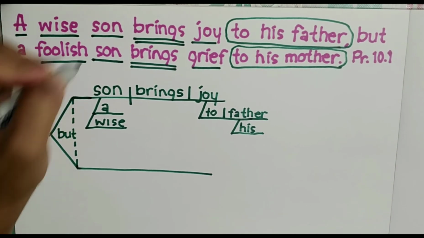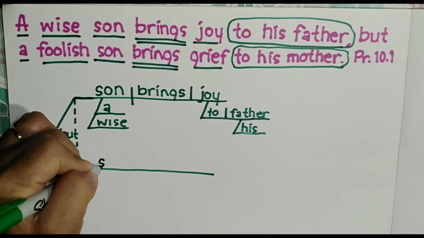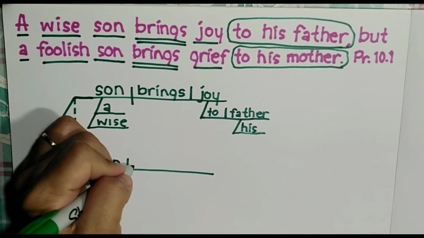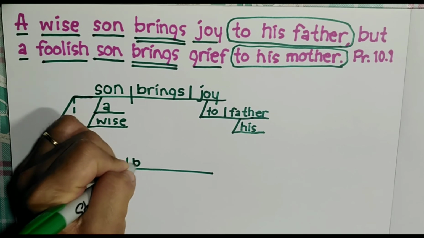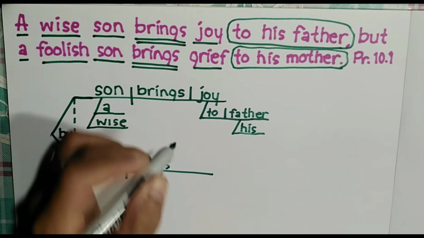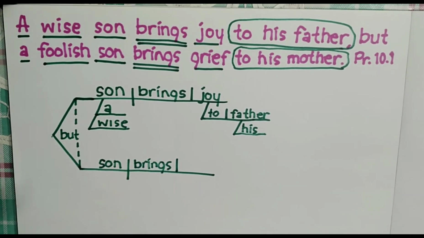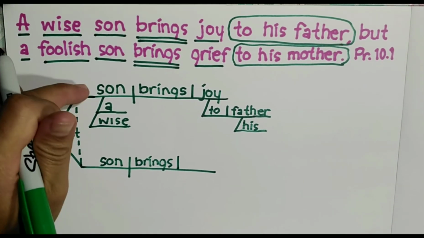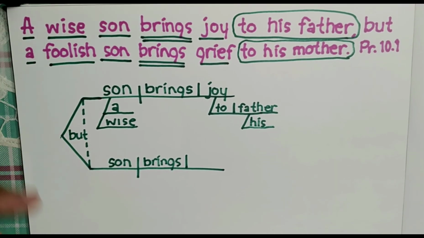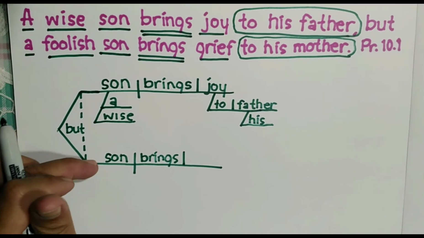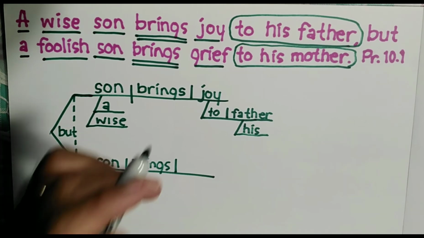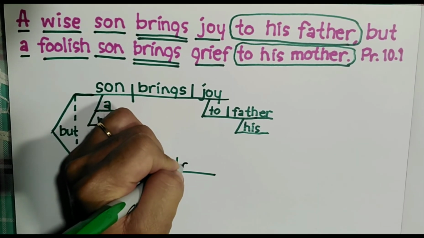Very good. It's the son. Put the son here. Verb, brings. And then we also have the direct object for the baseline. This is our first baseline since it has a subject and verb, and then for the second baseline we still have the subject, verb, and then the direct object, grief.